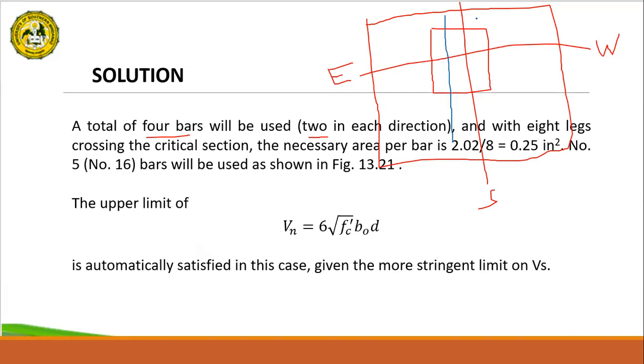Sa direction ng north-south. And dalawang bars din sa direction ng east-west. So we have 1, 2, 3, 4 bars, no? So yung ating bars, so depende yan kung ilan yung ating development plan dito.